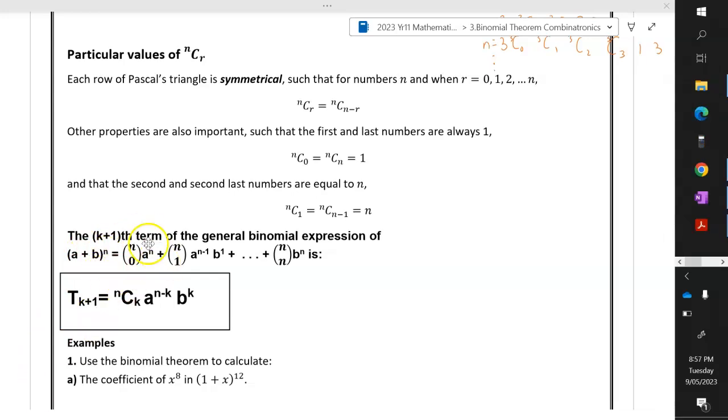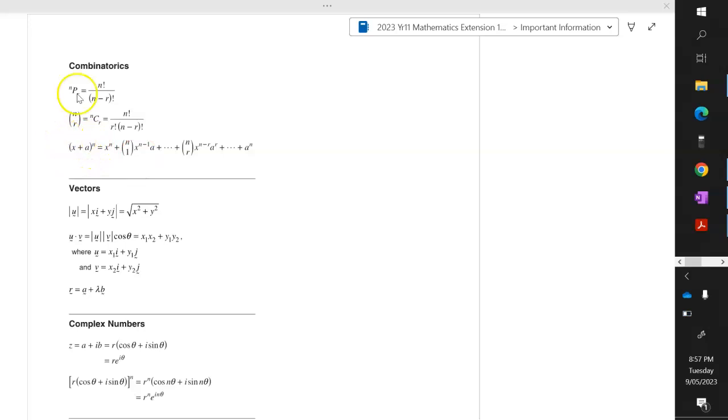Okay, and a version of this expansion is given on our HSC formula sheet. So I'll pop over and show you that. On our very last page under combinatorics, they've got the expansion of x plus a to the power of n written slightly differently. So they've written it with the nC1 written with the brackets in there.